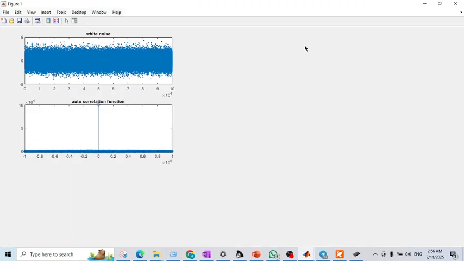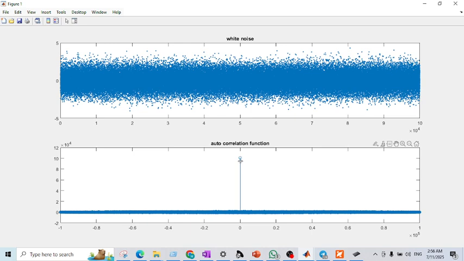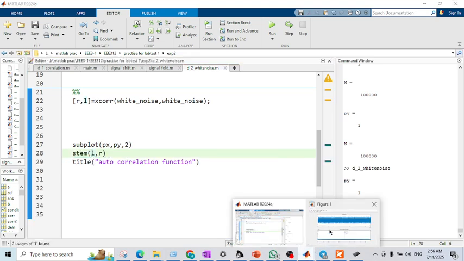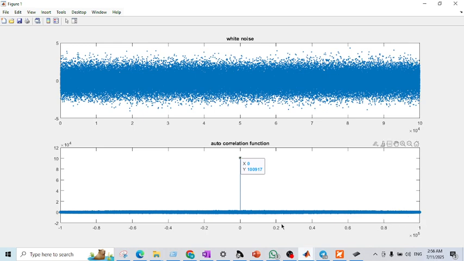You see I get a huge spike here, and it occurs when L is equal to 0. Remember that we are plotting with respect to L. So on the x-axis I have L, and when L is 0, you see a very large number, right?